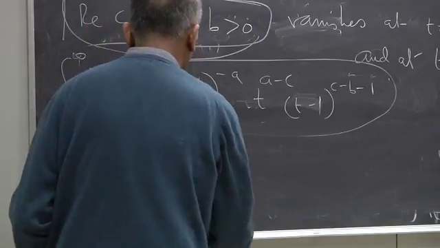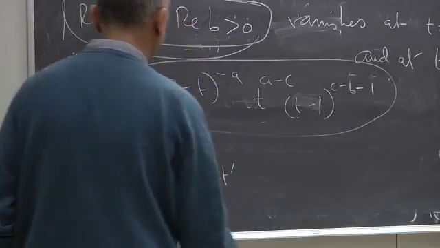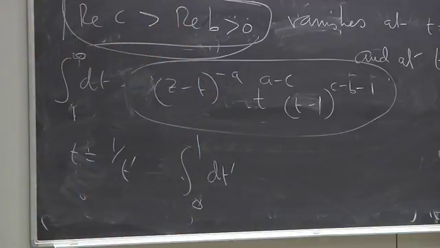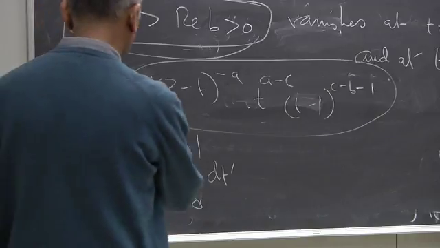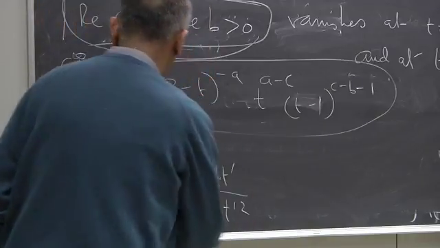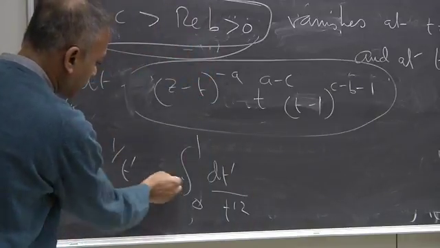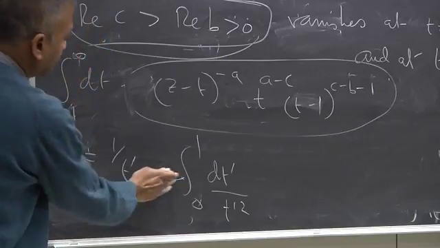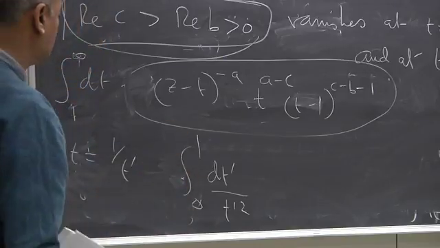So this becomes 0 to 1 dt prime, and there is a 1 over t prime squared from this. I'm not worrying about the overall constants, okay, minus, but that minus changes the thing also.